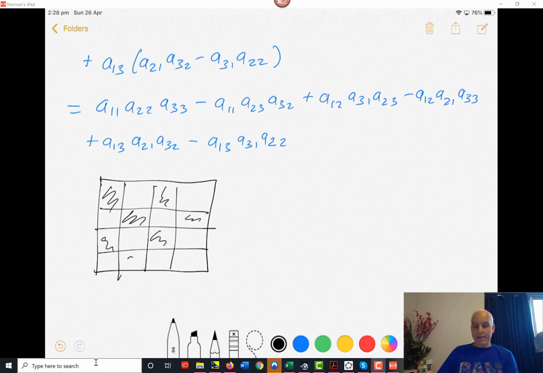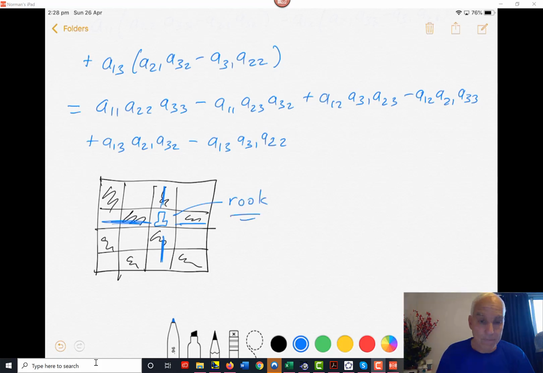And I remind you that a rook is a chess piece which can take either in the horizontal or in the vertical direction.